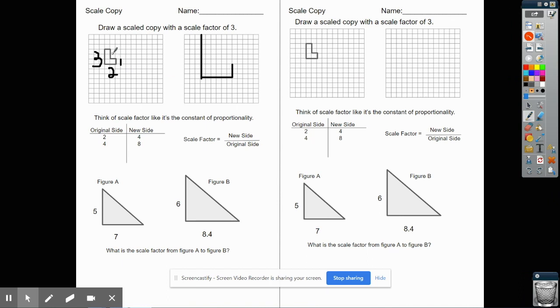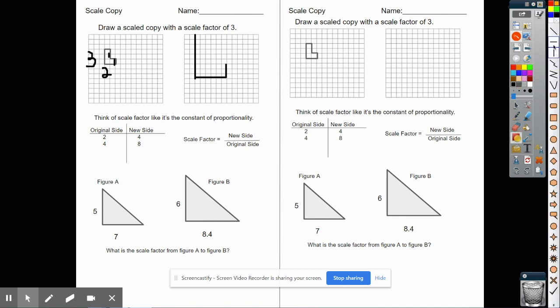Now, how far do I go in? Well, I go in 1. So I'm going to go over 1 times 3, which is my scale factor. I apologize for it taking a little bit of time getting this worked out. So I go over 1, 2, 3.